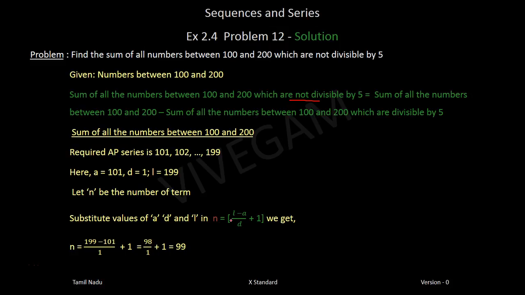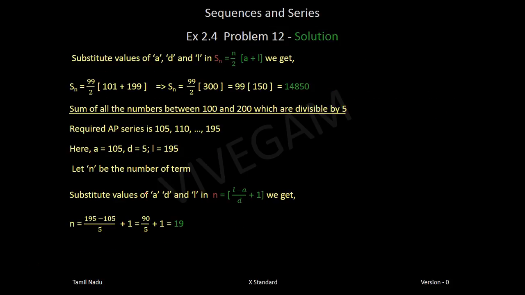The number of terms is given by (L minus A) by D, plus 1. So L is 199, A is 101, and the common difference D is 1, plus 1. So this is 98 by 1 plus 1. So that will get you 98 plus 1, 99 terms are there. Okay, now you find out the Sn. What's the formula for Sn? Sn is n by 2 into (A plus L). So that is 99 by 2 into (first term is 101, last term is 199).